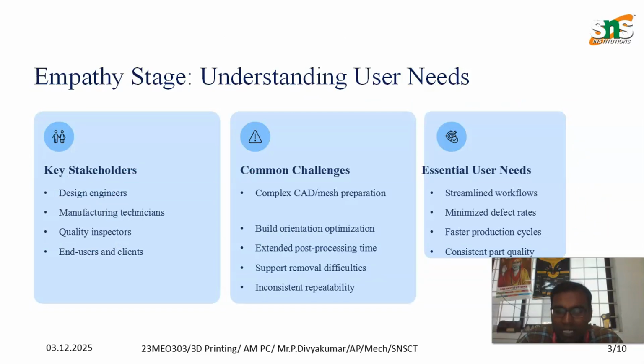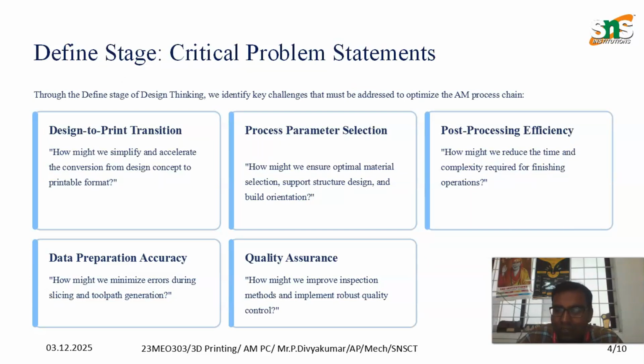First, we need to identify the key stakeholders, what the common challenges are and what the essential needs are for the particular type of additive manufacturing process. Next, we need to define the problem statements, like how we are going to design it and how we are going to print it layer by layer.